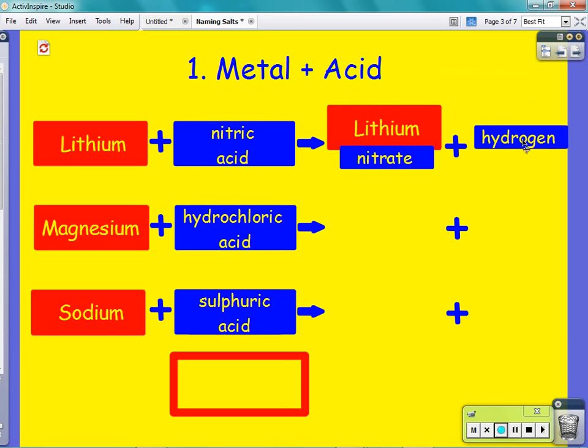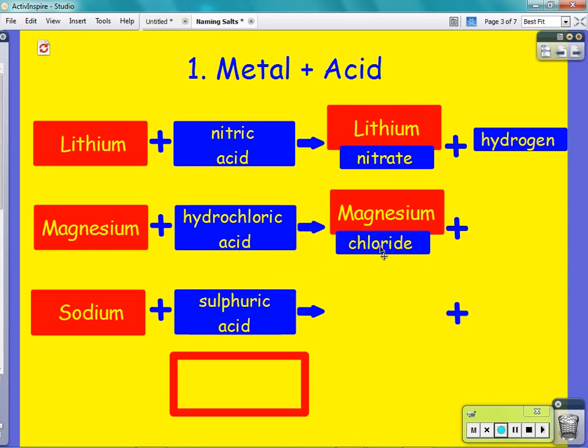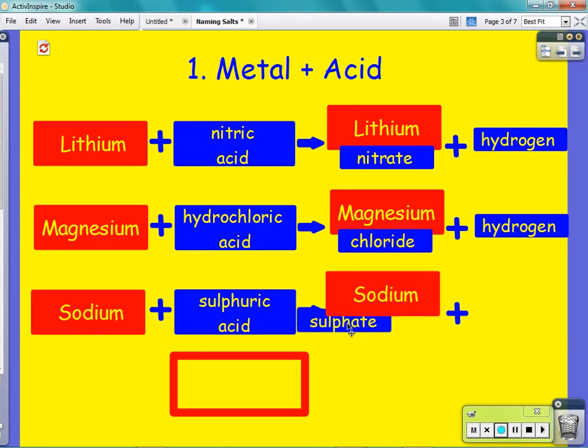The only thing you're left with is hydrogen. Same again here, magnesium. You take the name of the acid, so it becomes a chloride, so you have magnesium chloride, and hydrogen is the gas left over. Finally, sodium and sulfuric acid gives you sodium sulfate, and again, hydrogen is the byproduct.